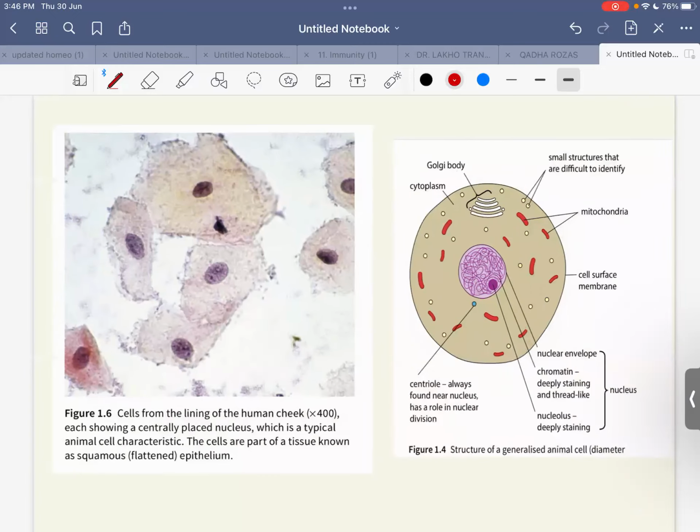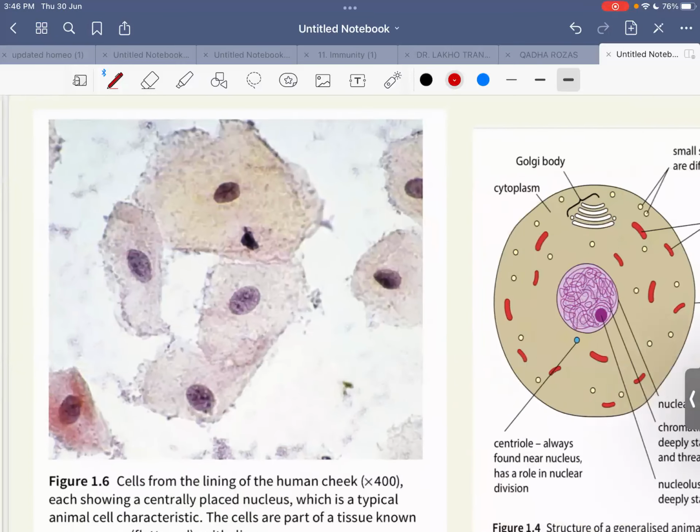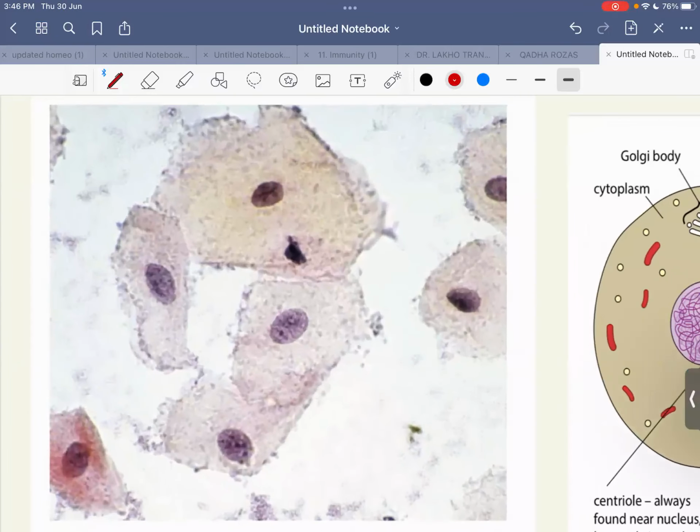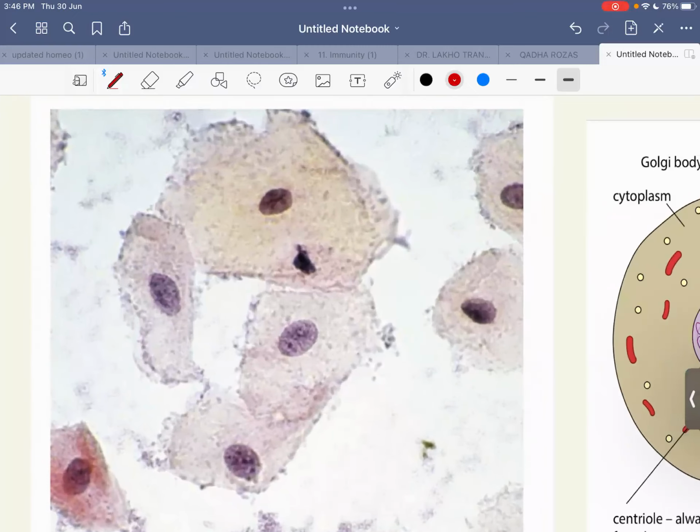I'll be zooming into this diagram, which I had shown you in my last class also. So this is a light micrograph of a human cheek cell. Why am I calling it a light micrograph? Because it has been obtained by taking a picture through a camera which uses light energy in order to look at these cheek cells with some magnifying lenses, right?